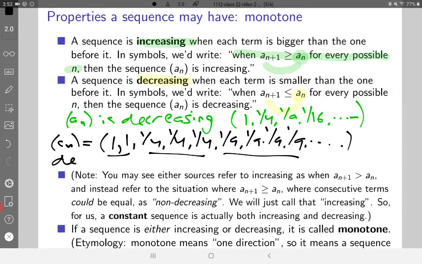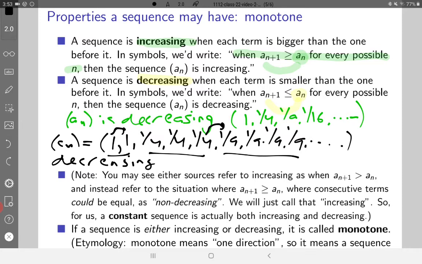This is also decreasing according to our definition up above, because each term, if I look at the next one, it's either the same number, like in cases like this, or sometimes it gets smaller, like in that case. And that still fits the greater than or equal to, the or equal to part of that definition.